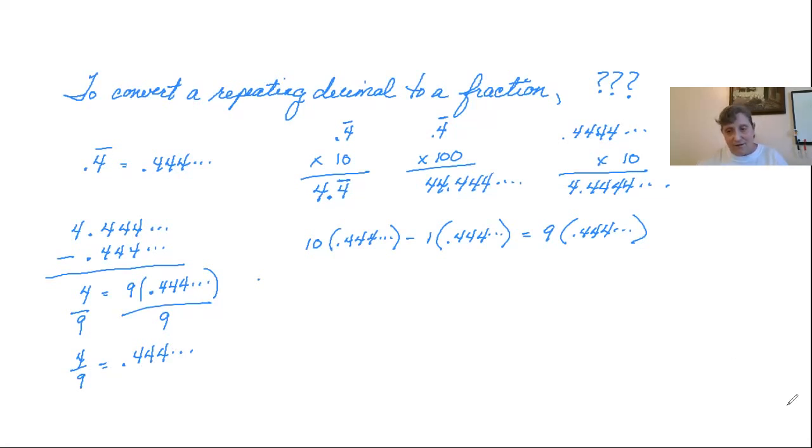Let's try that again. If I had 0.32, where the 32 was repeated forever. So this is 0.32, 32, 32, 32 forever.